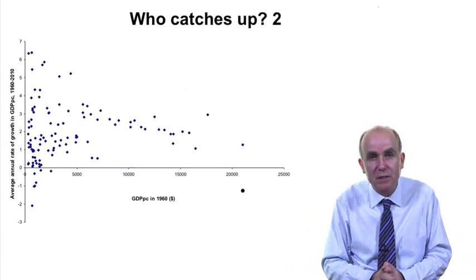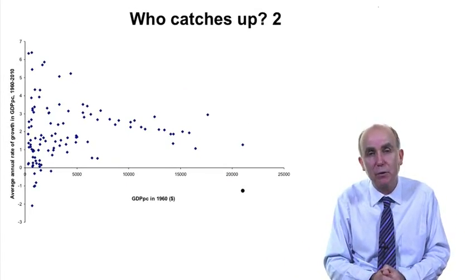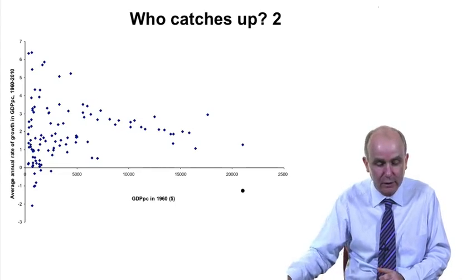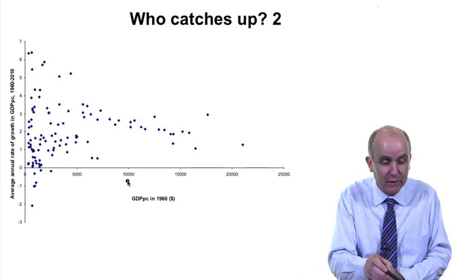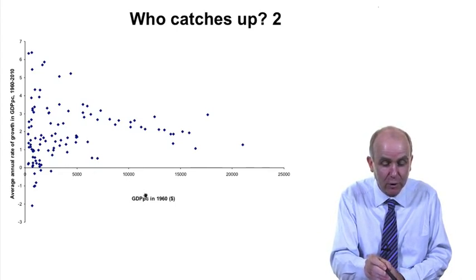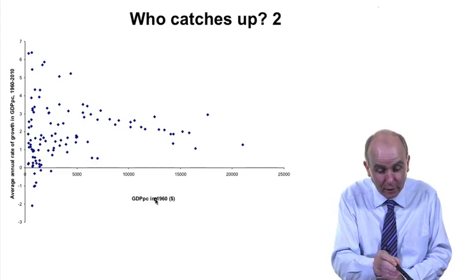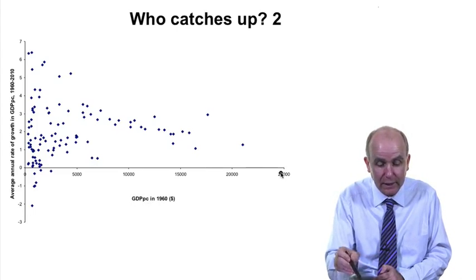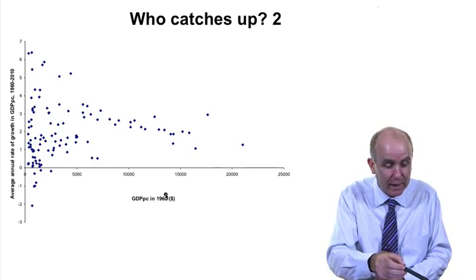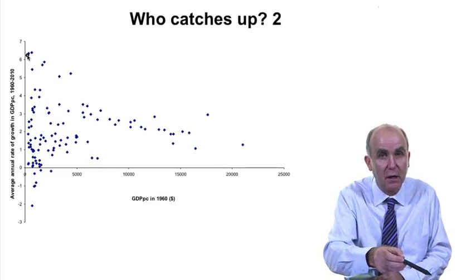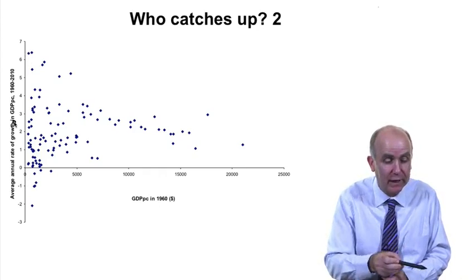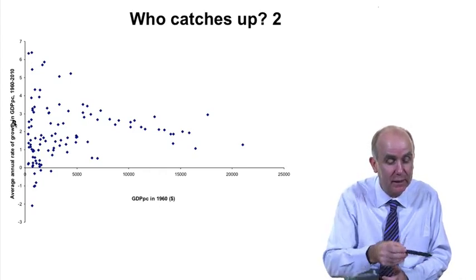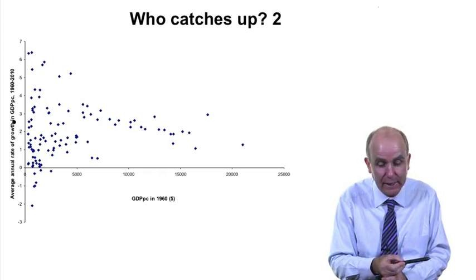We can get a similar perspective for a much larger group of countries from this graph. What I've done on this graph is I've put the average value of economic output per person on the horizontal axis in 1960, and then on the vertical axis I've put the rate of growth in the average value of economic output from 1960 to 2010.